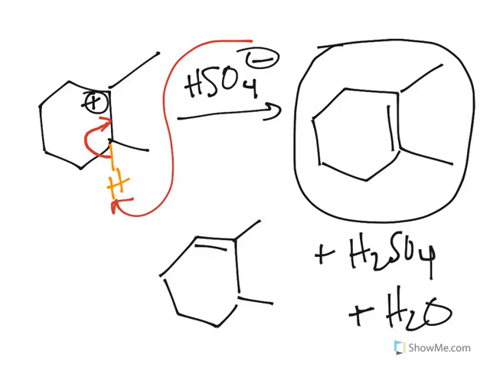You will also form this guy right here. But again, in solution, when you try and separate these out by their physical properties, this guy right here is going to be your major product, and that's how you form 1,2-dimethylcyclohexene from a dehydration reaction with a methyl shift.